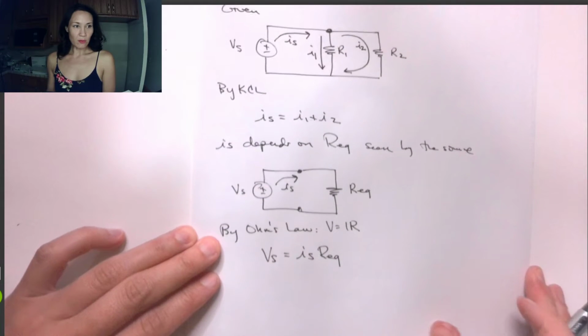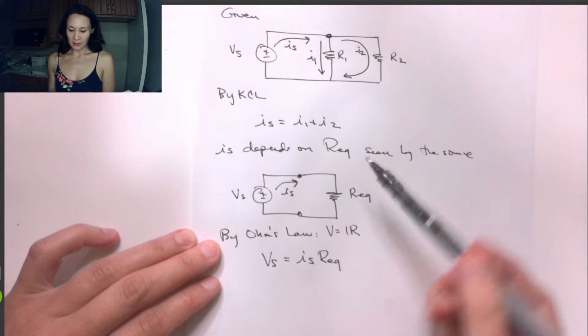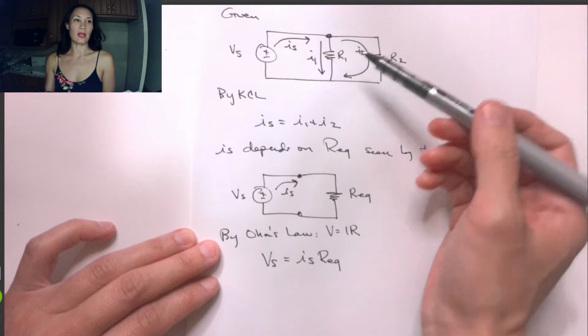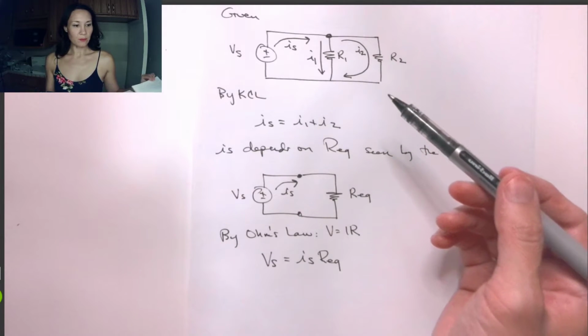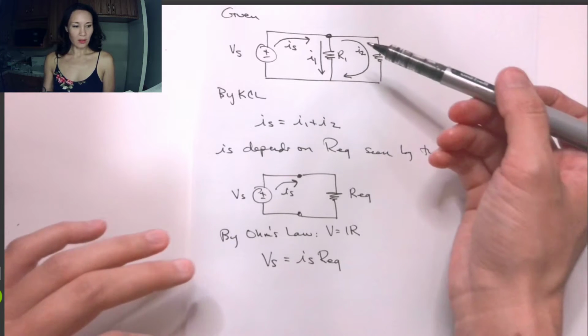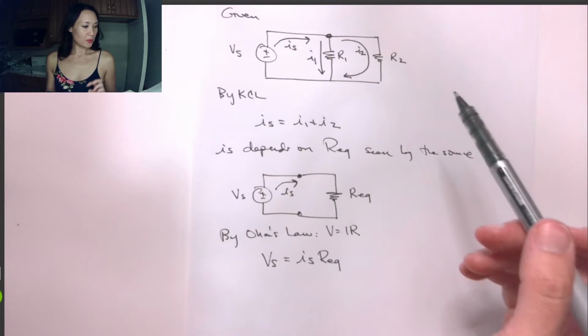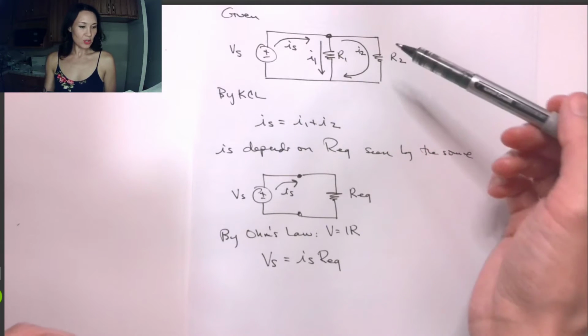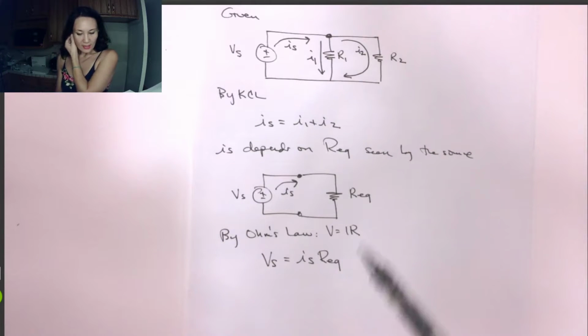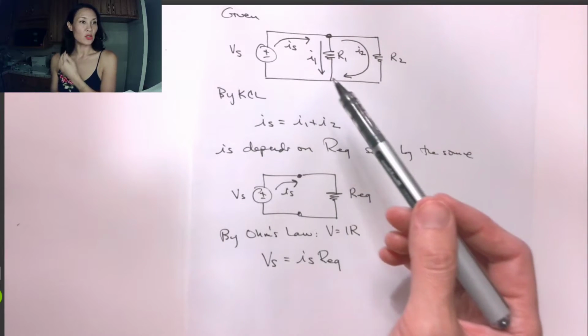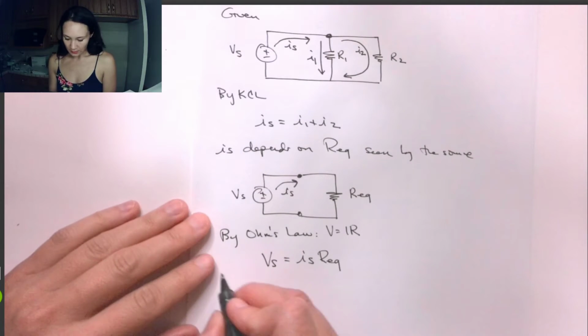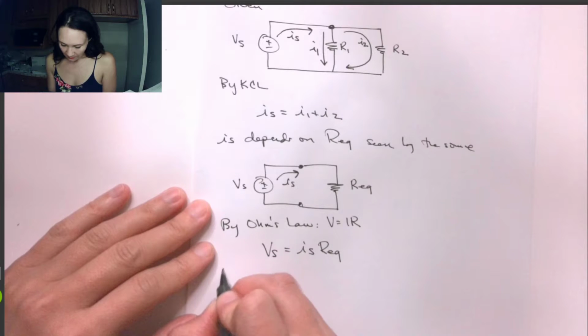Now remember, this equivalent circuit is actually this, right? If we were to work backwards, and apply Ohm's law at each of these branches, we can get an expression for the voltage drop across both of these resistors. So that'll be my next step.